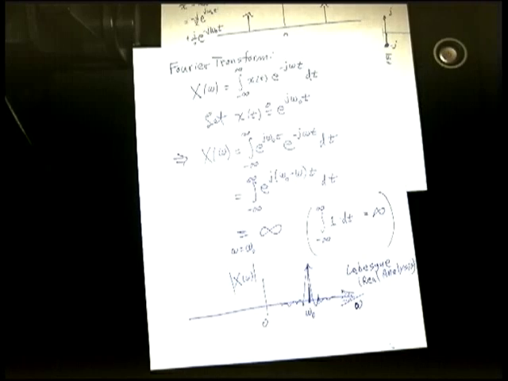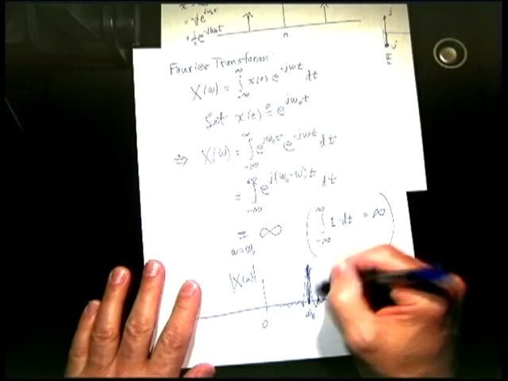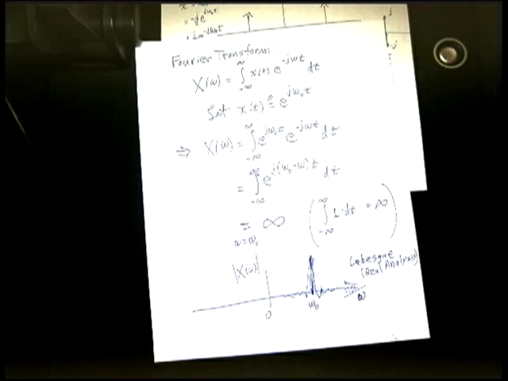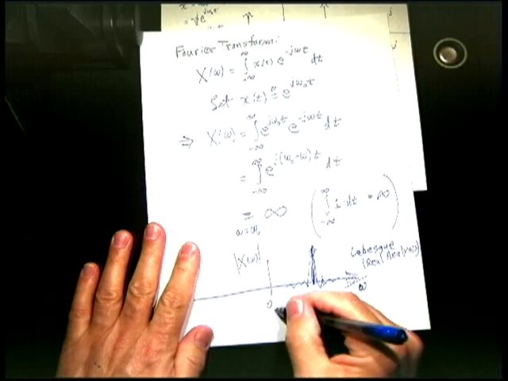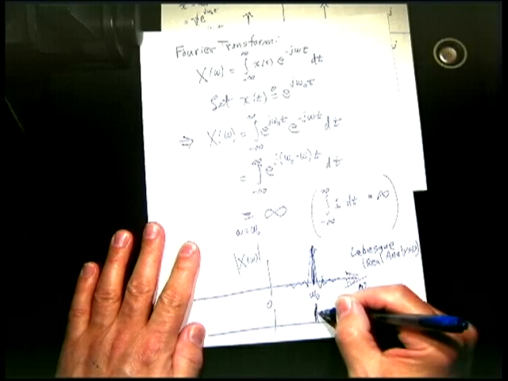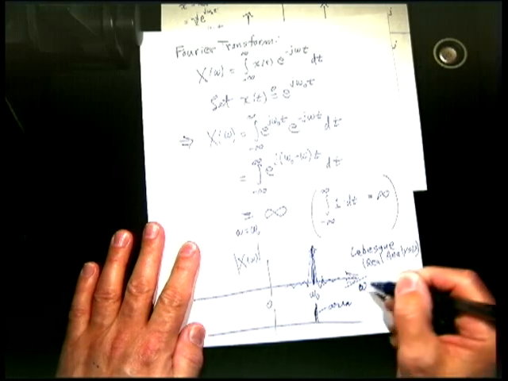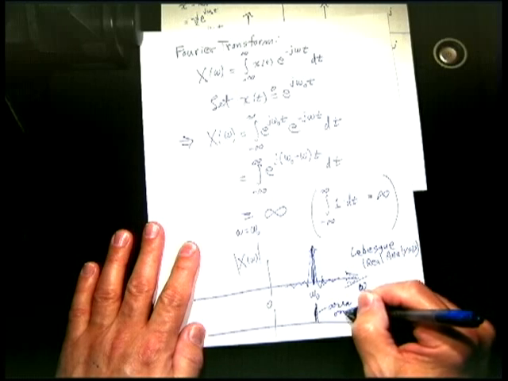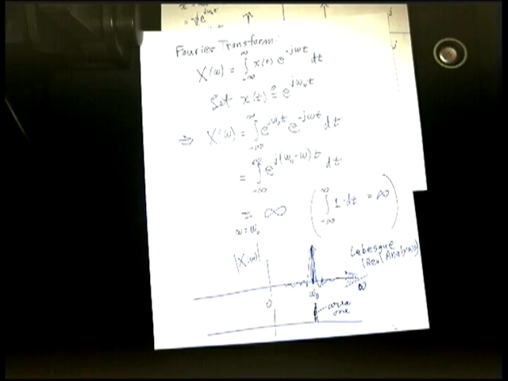But the terms we need are that we have an impulse here that is infinity at omega 0 and 0 everywhere else. And there's one more property that we need to mention, and that is that the impulse has area 1. And that's because in the inverse integral, you want to get 1.